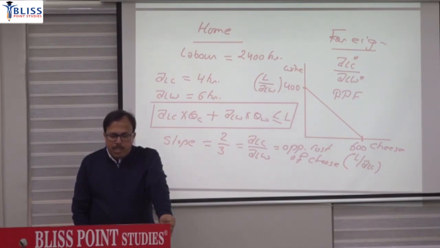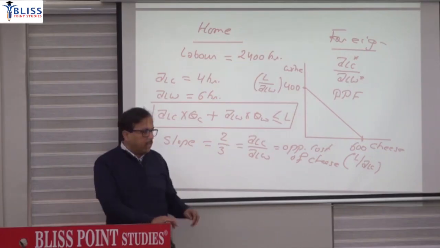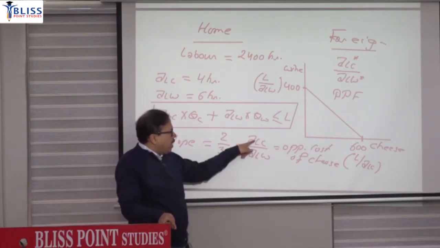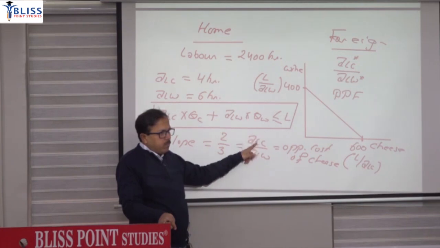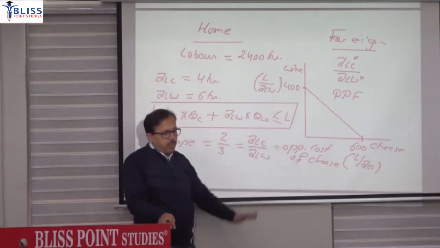And it is measured by ratio of unit labor requirement, that is ALC by ALW, which measures opportunity cost of cheese.